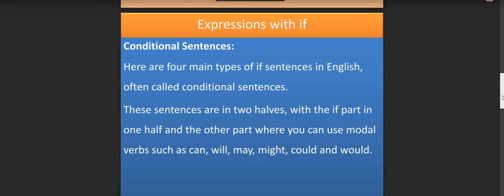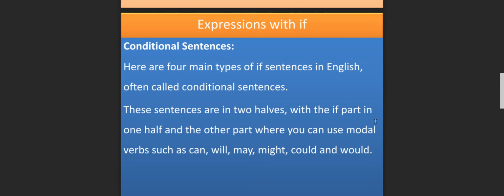Right? Now let's come to the second slide which talks about expressions with if، التعابير مع if. Right? Let's come to the first one which is conditional sentences، الجمل الاشتراطية. Here are four main types of if sentences in English. هناك 4 من الجمل الاشتراطية in English language، في اللغة الإنجليزية.